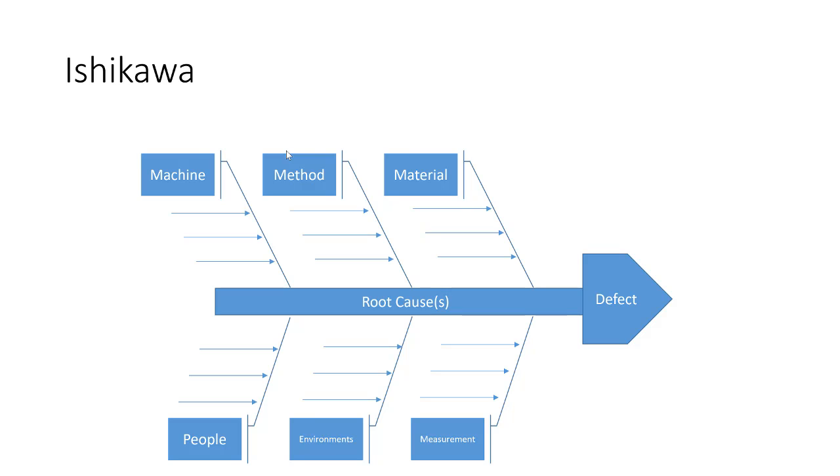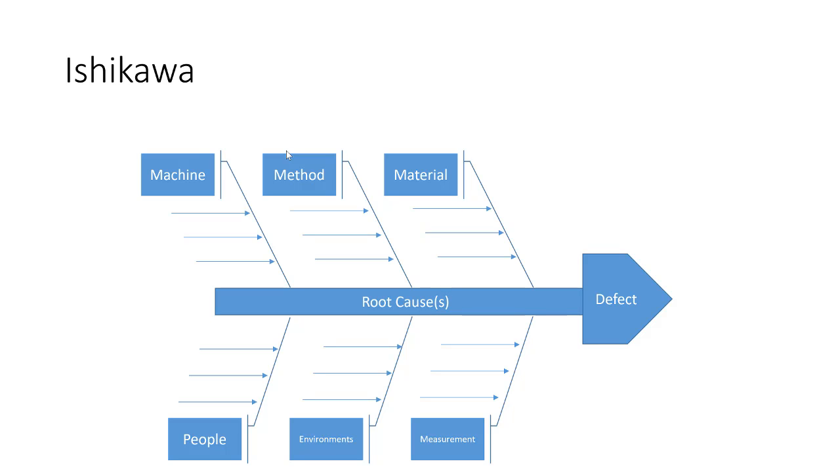So, okay, another analysis tool. You've probably heard of Ishikawa. Usually it's a problem-solving tool, right, where you're identifying the root cause of a problem, a defect or a situation that's occurred, and so you use these different categories to identify the defect and what was the root cause analysis.